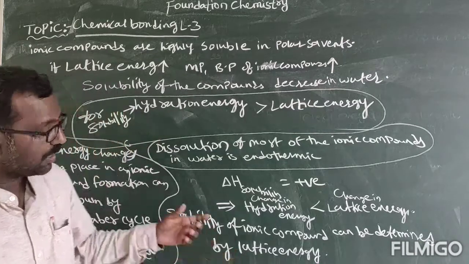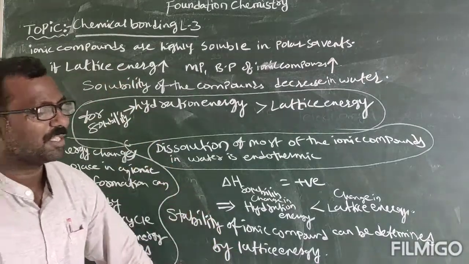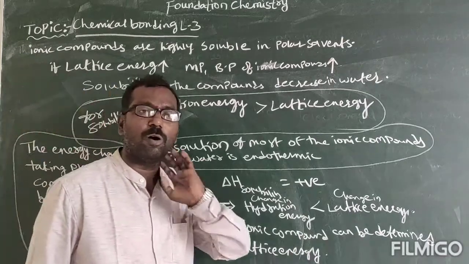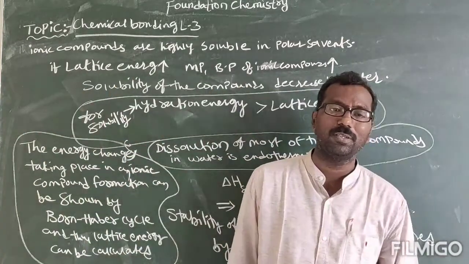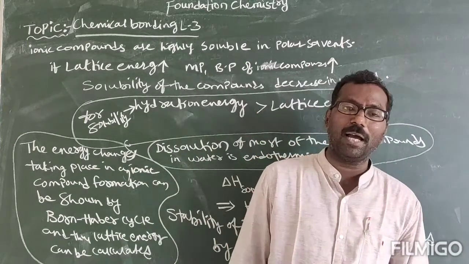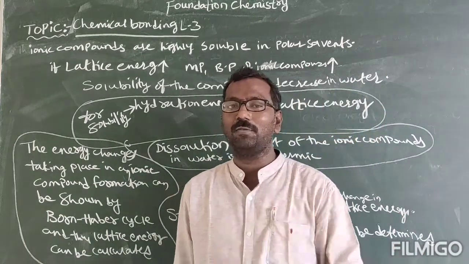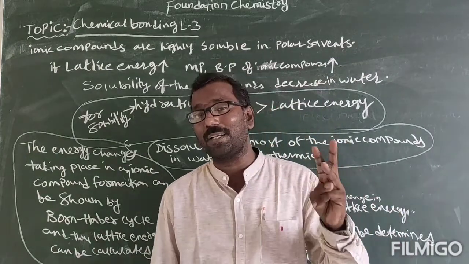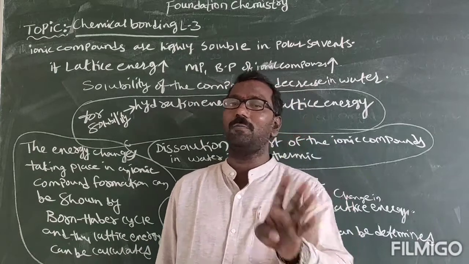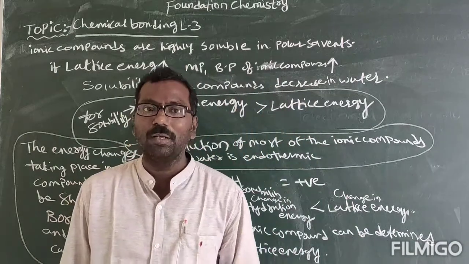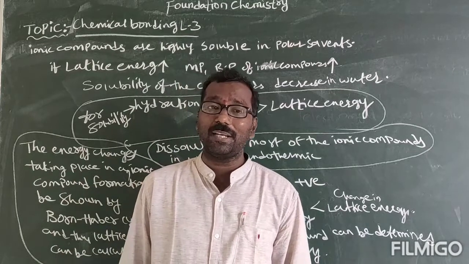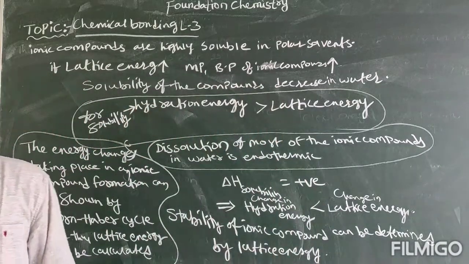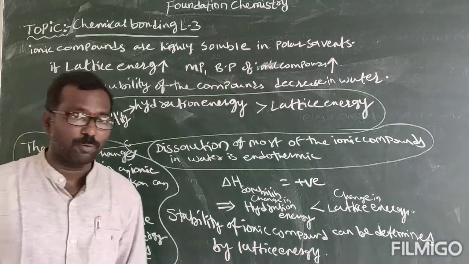So this is about the ionic compounds. Once again I am repeating: no bond is 100% ionic. For an ionic bond to form, the electronegativity difference should be at least 1.9, and the ionic bond is non-directional, and lattice energy should be more. If more lattice energy is there, then it is a stable ionic compound.